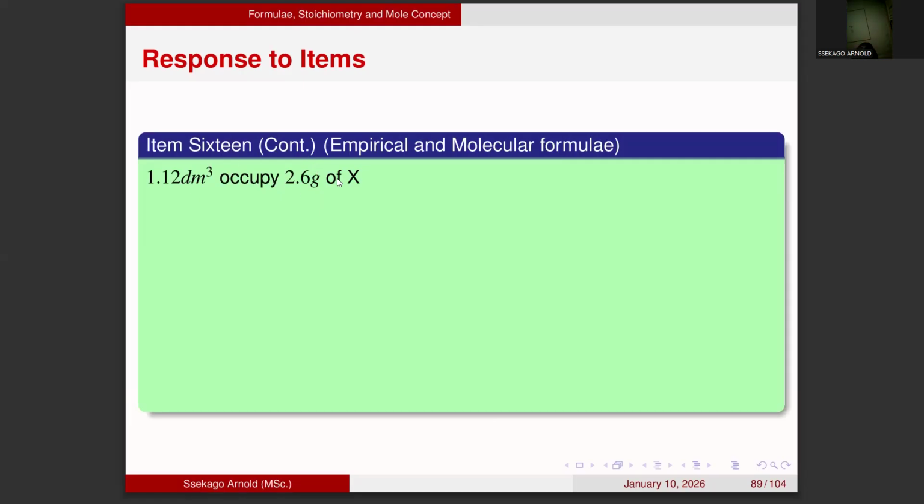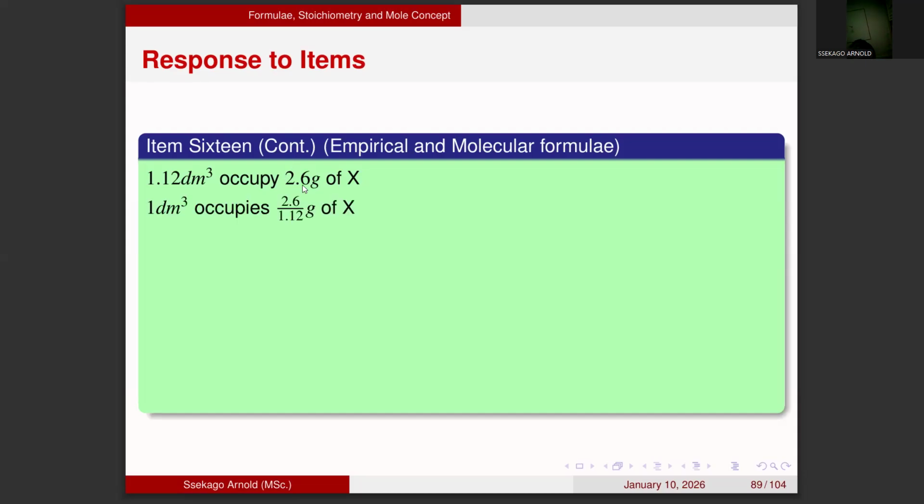So if this volume has this mass, what of 1 decimeter cubed? 1 decimeter cubed will have 2.6 over 1.12. Now we want molecular mass, that's why you are seeing mass on the right-hand side. What you want should always be on the right-hand side.